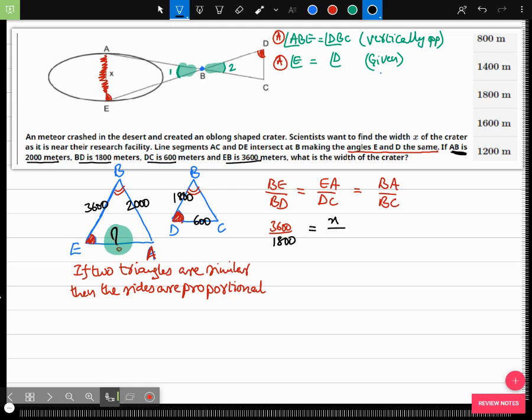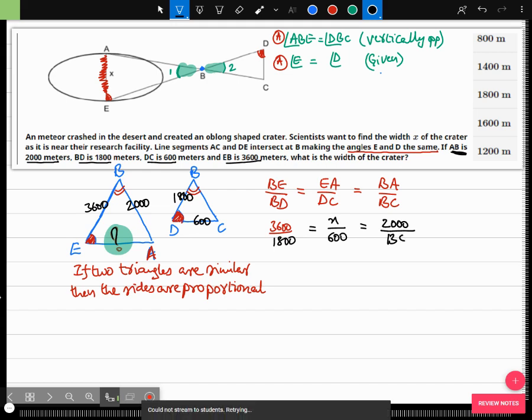Let it be X. What is DC? DC value goes here, 600. What is BA? BA is 2000. What is BC? It's not known.